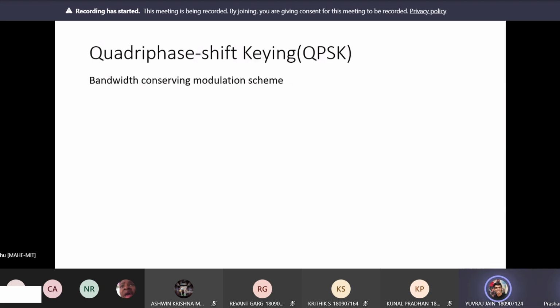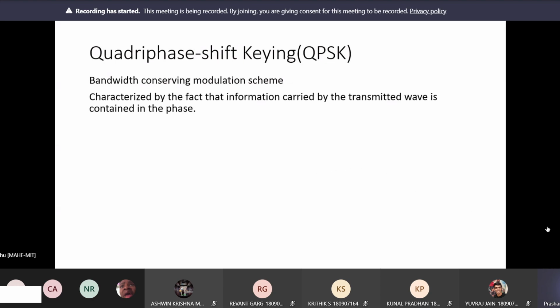Yes, sir. And here also information is present in the phase of the carrier, but 2 bits at a time. QPSK, quadriphase shift keying. So information carried by the transmitted wave is contained in the phase.